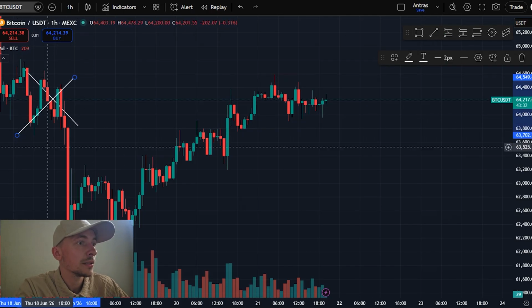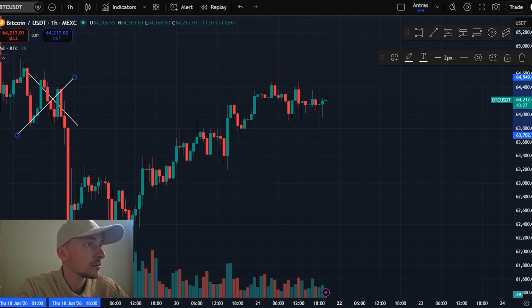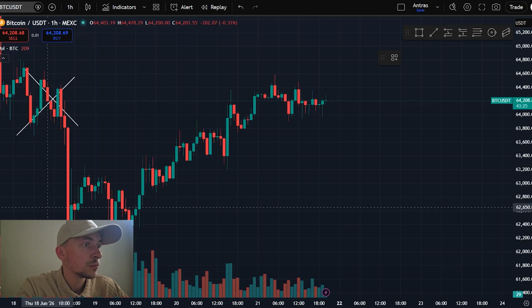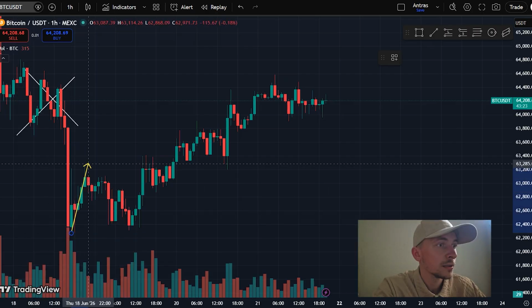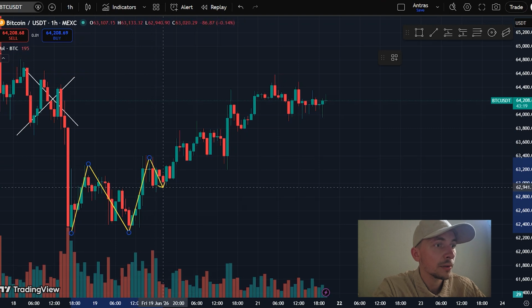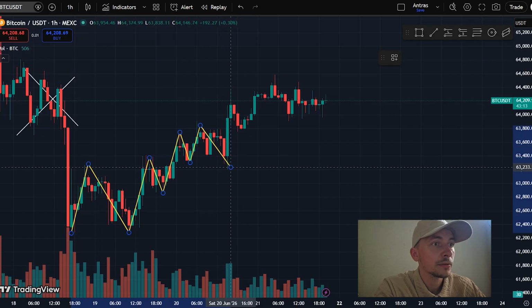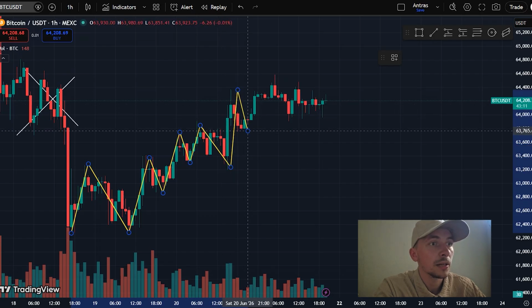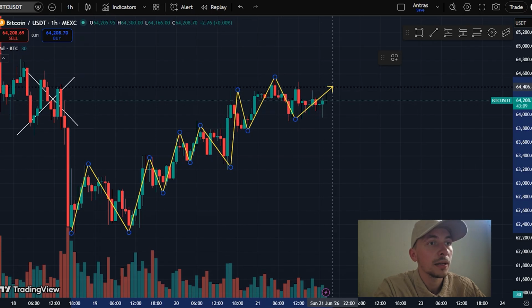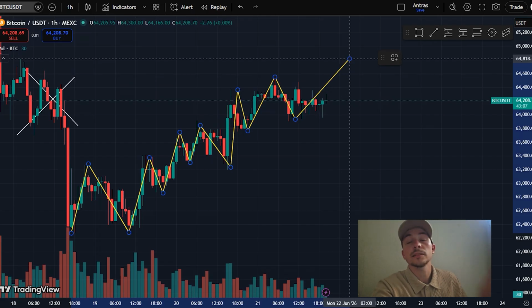Never mind, we're going to try to draw what we can see. Going up, going down, going up, going down, going up, down, up, down. And there is a big possibility the price is going to continue to go up.